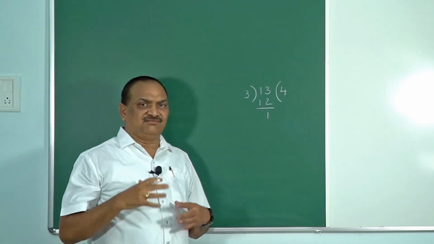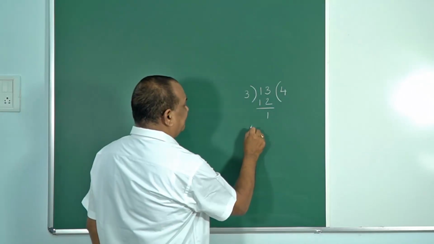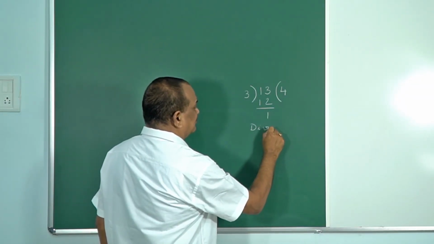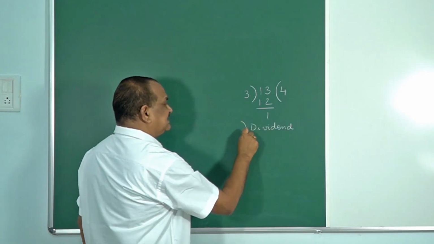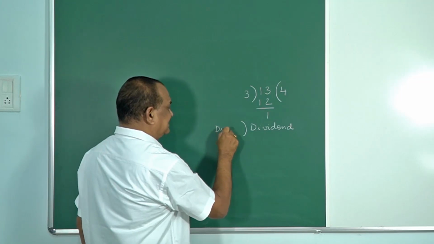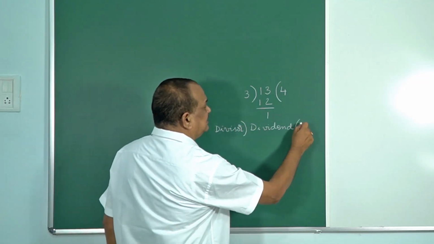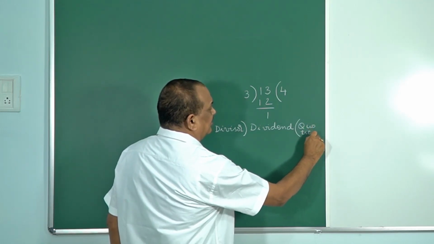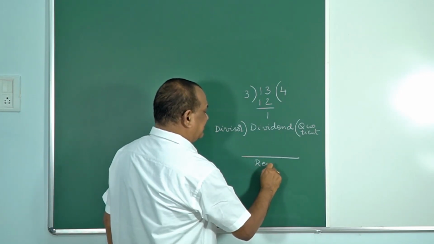You know the components of division and how they are related. This 13 is called the dividend, and this 3 is the divisor, and this is the quotient, and finally we end up with a remainder.